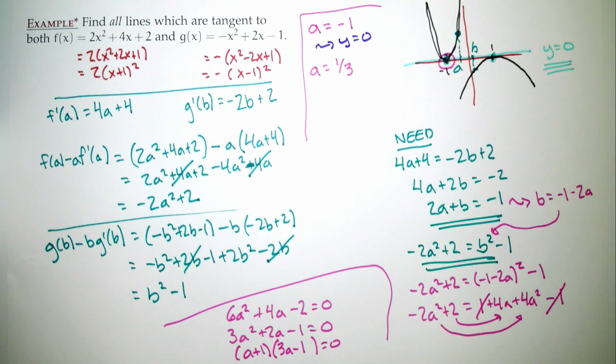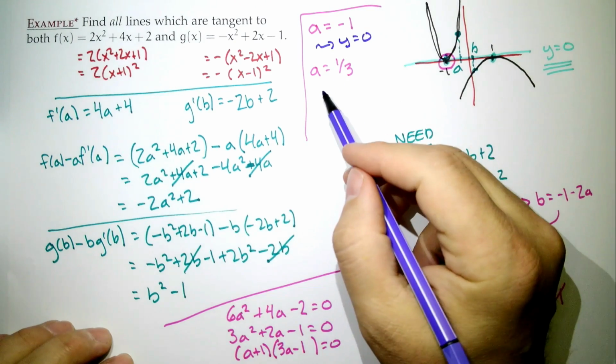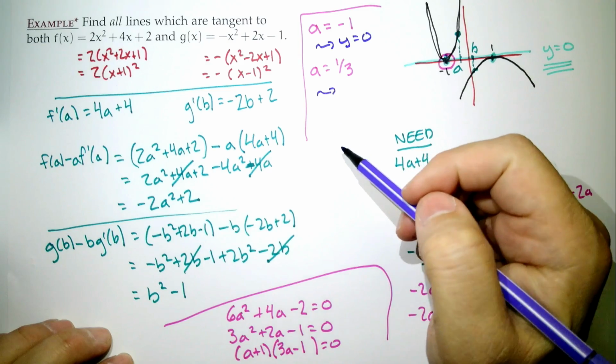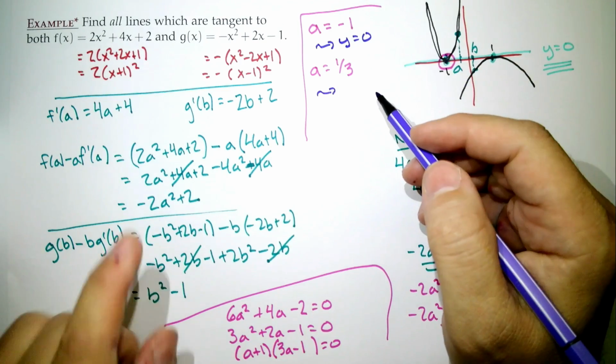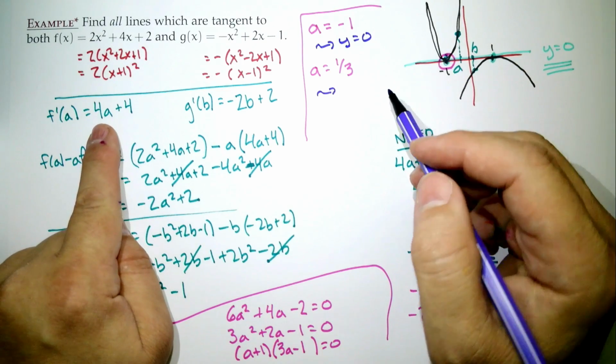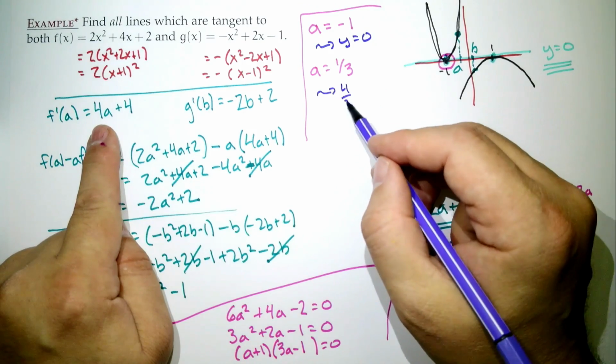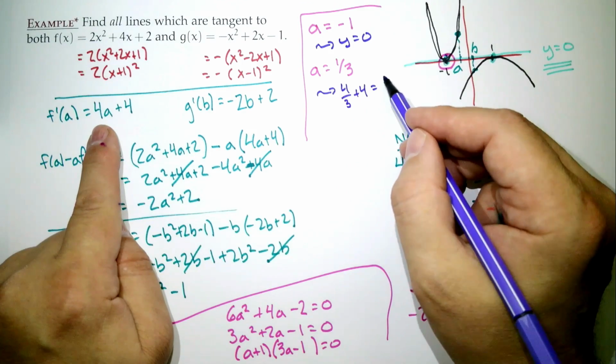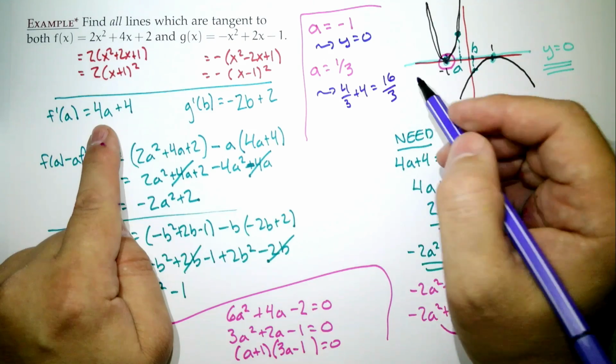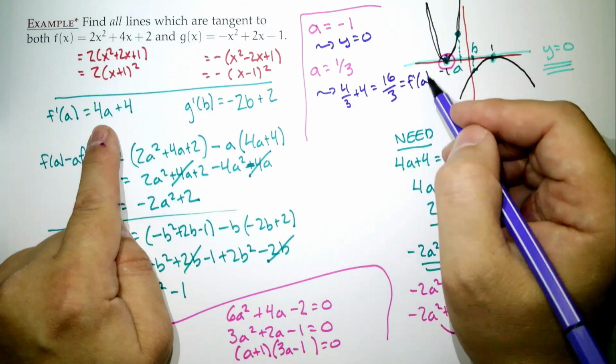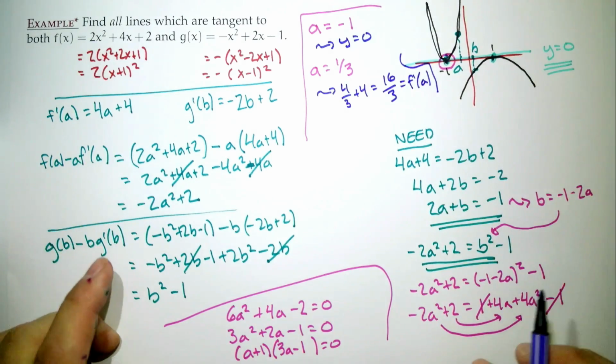So now we say, aha, there's one more line. One more line which is tangent to both. So at a equals 1/3, what's going to be the slope of that line? Well, plug in a third. 4/3 plus 4, also known as 16/3. That's our slope. And what else do we know?